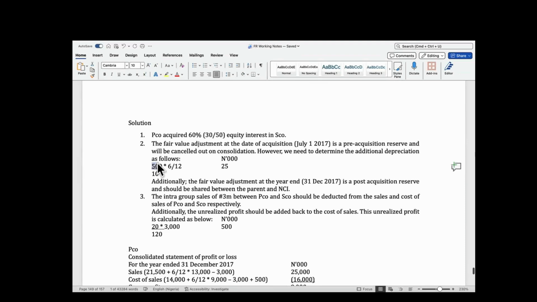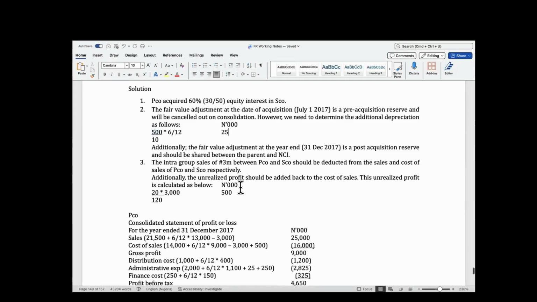Like I told you, 500 over 10 times 6 over 12, that gives us 25,000. And the other 500 is a post-acquisition reserve that we don't need to cancel out. It's available for sharing between the parent and NCI.